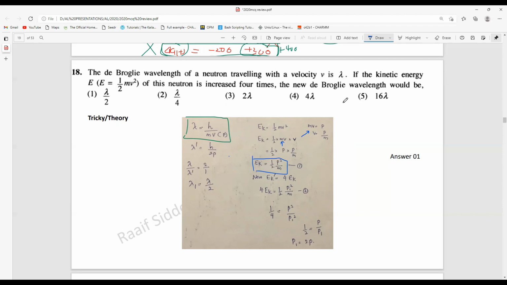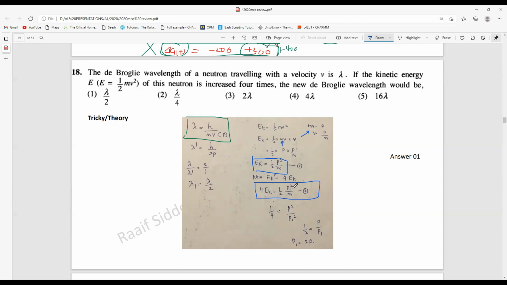They're asking for the new de Broglie wavelength if the kinetic energy is increased 4 times. So if my initial kinetic energy is Ek, now I can take my Ek dash as 4 times Ek. My first equation defines Ek as half p squared over m. My second equation is 4Ek equals half p1 squared over m, because this will be my new momentum.